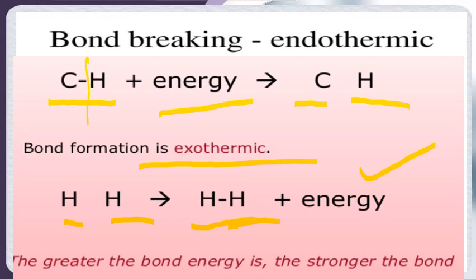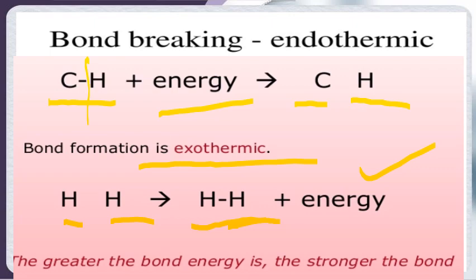Iodine atoms are too bulky, too large, so when they are joined together in the form of I2, their breakage will require a small amount of energy. Their formation will also release a small amount of energy, right? So the bond energy is smaller and the bond will be weak.